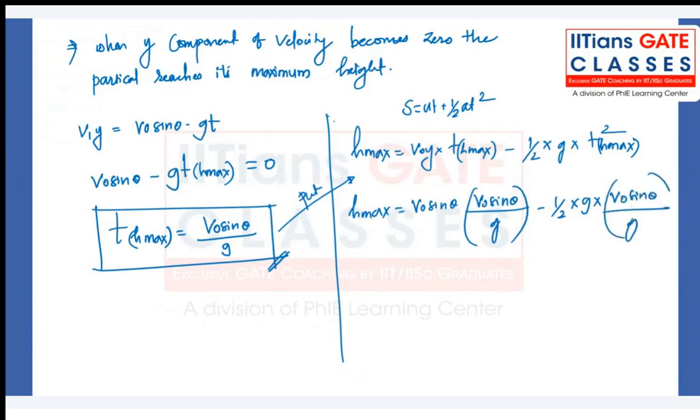So 1 g and 1 g here will get cancelled. So v naught square sine square theta by g, you can take common, you'll get 1 by 2. So directly we can write v naught square sine square theta by 2g is equal to h max.